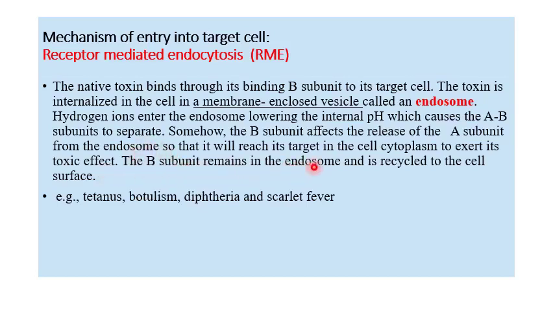It remains in the endosome and then it is recycled to the cell surface. It goes back out of the cell again, outside the cell. Examples of diseases with this kind of exotoxins are tetanus, botulism, diphtheria and scarlet fever.